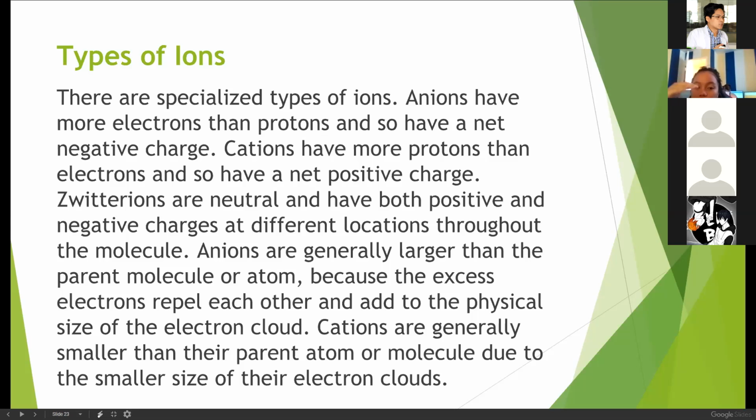By the way, talking about atom, talking about protons, neutrons, and electrons, what is the smallest particle of an atom? Proton? Any other answer? What is the smallest particle of an atom?